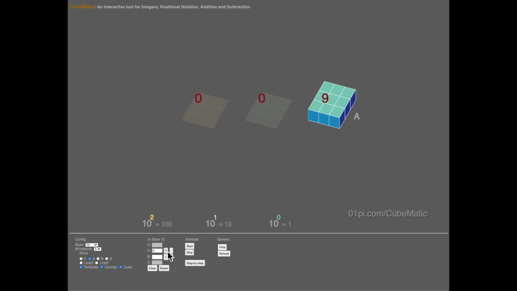Okay, so now I'm going to add one more. So whenever I add one more, it moves to here in the 10s position and nothing is left in the 0th position. Right? So if I take one off, again, I'll move that 10 back to here and remove one cube, and the 9 is left. All right?